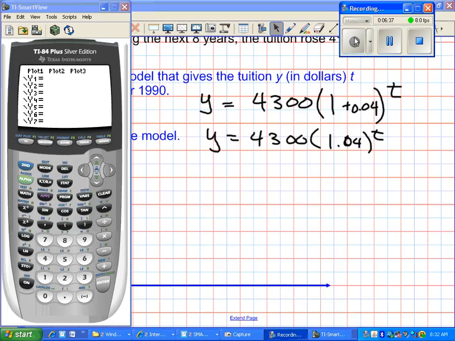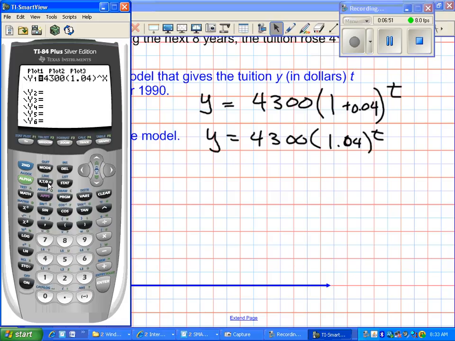Here we go. What I want to do is hit y equals in my calculator and plug this in. So I want to plug in 4,300 times 1.04 to the t power. Now technically I have to put to the x power because the calculator doesn't have the variable t.